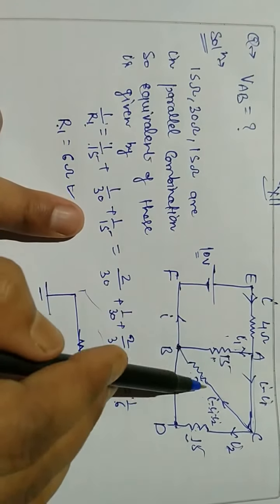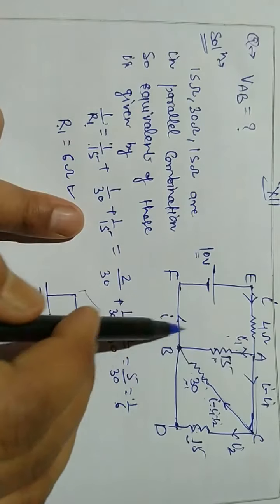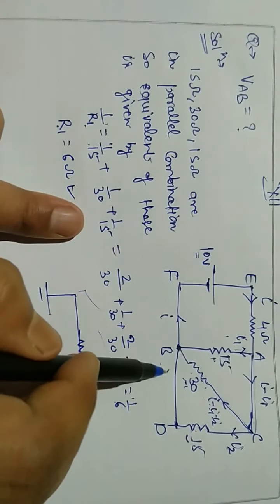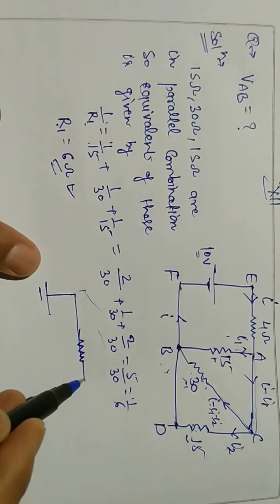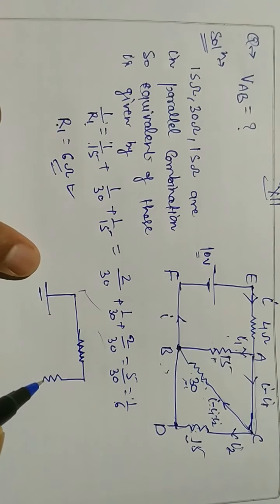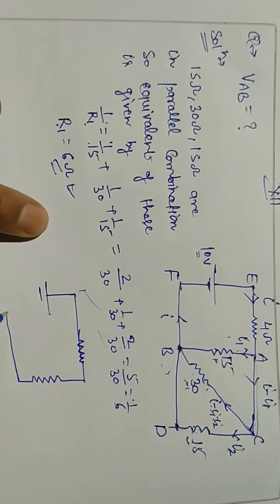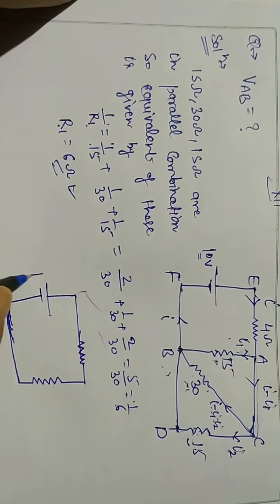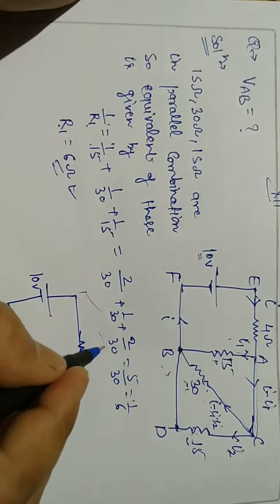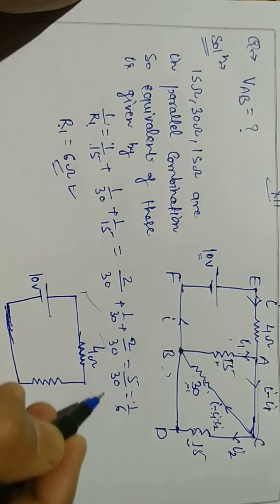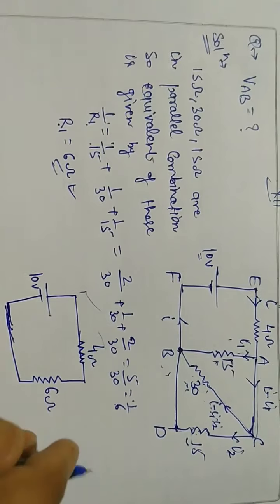Now these three resistances are replaced by only one resistor of 6 ohm. Okay, so we can use only a 6 ohm resistor here, and we will connect it here. And this one is of 10 volt. This one is 4 ohm. According to the question, this one is 6 ohm.